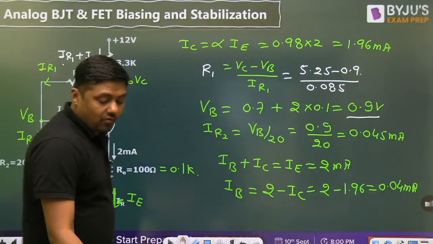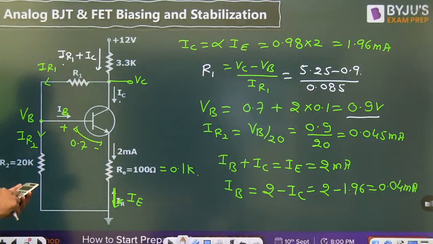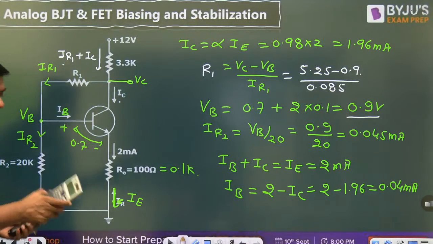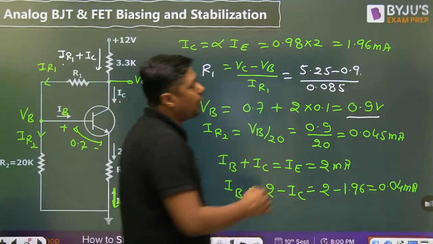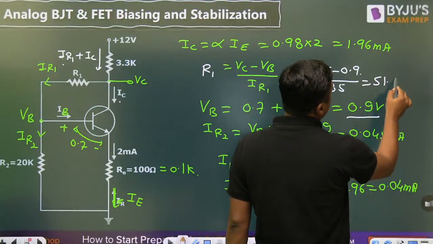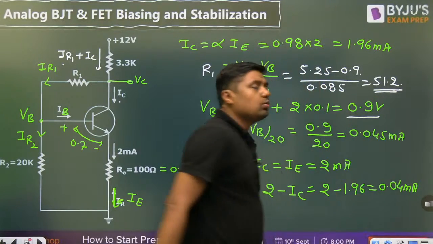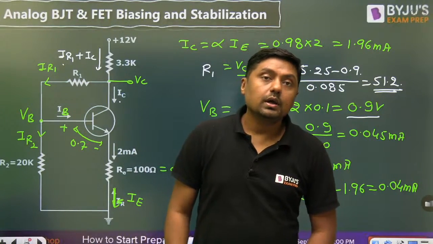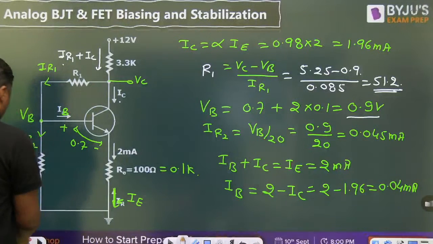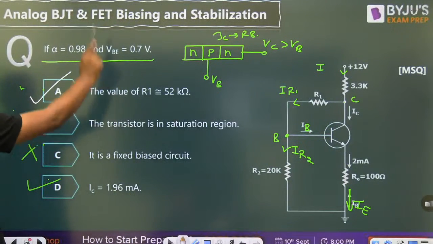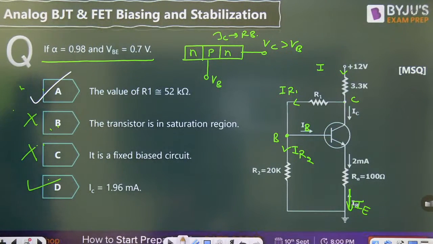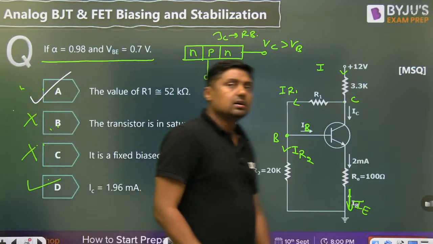Tell me, what is the value of the resistor? 5.25 minus 0.9 divided by 0.085, 51.2. And we can say nearly equal to what? 52 kilo ohm. If this is the 52 kilo ohm, what about the first answer? Correct. First answer is the correct one.